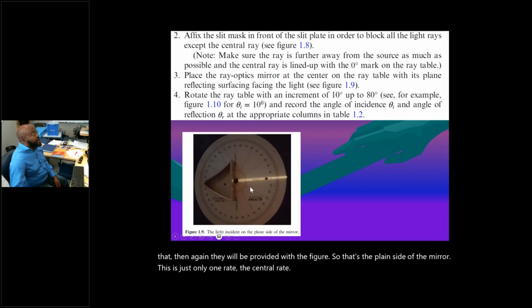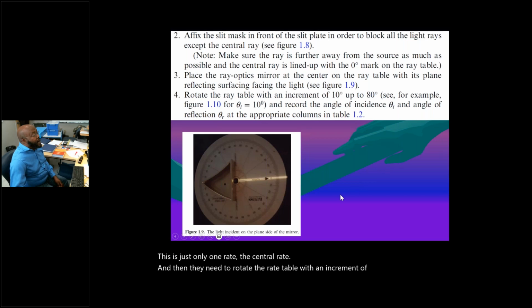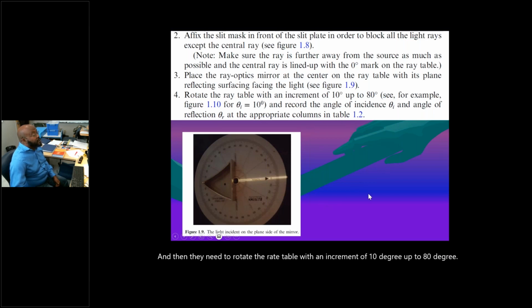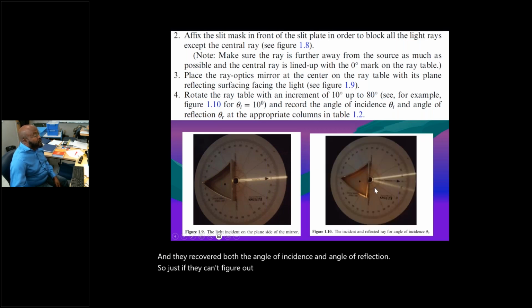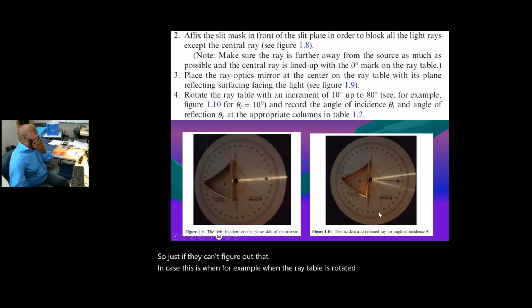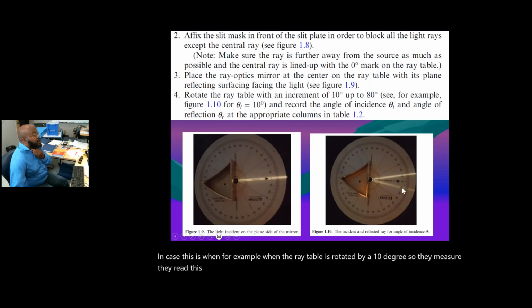And then they need to rotate the ray table in increments of 10 degrees up to 80 degrees, and they record both the angle of incidence and the angle of reflection. So in case they can't figure that out, this is, for example, when the ray table is rotated by 10 degrees. So they read this angle, they read this angle.